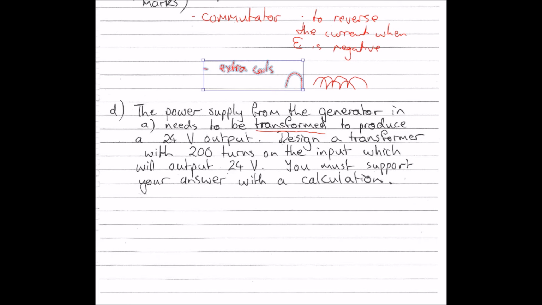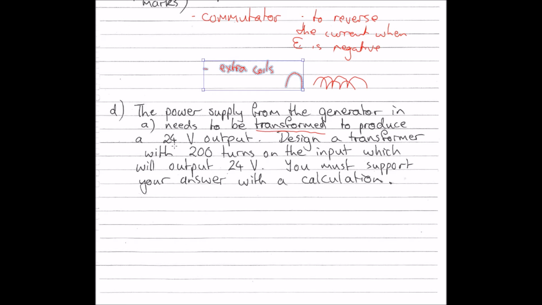So if you are using something other than the transformer equations, you get nothing here. Now, the other thing is people just did slightly weird stuff here. The transformer equations relate the voltage to the number of turns. So you don't need to think about anything else in a question like this.